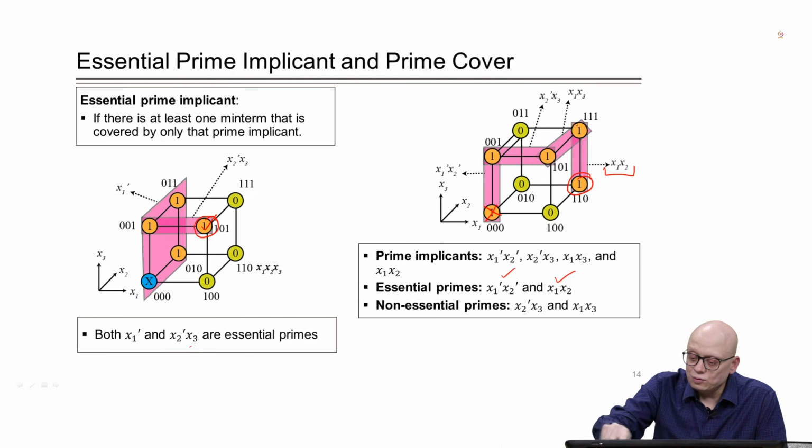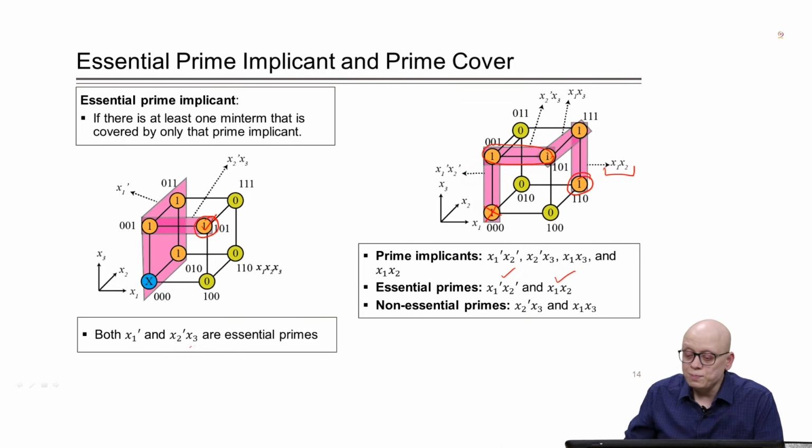The prime implicant x2 dash x3, that is this one, is not an essential prime implicant. Why? Because this corner is covered by x1 dash x2 dash, and this corner is also covered by x1 x3, and therefore x2 x3 dash, that is this implicant, is not an essential prime implicant. Similarly, x1 x3 is not an essential prime implicant, because each of these corners is covered by other prime implicants also.